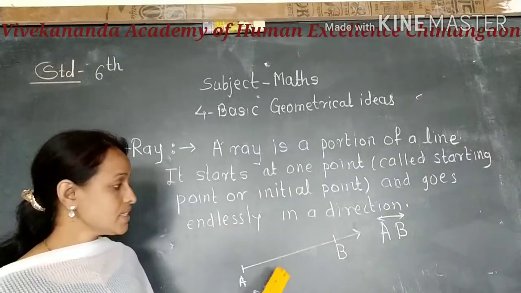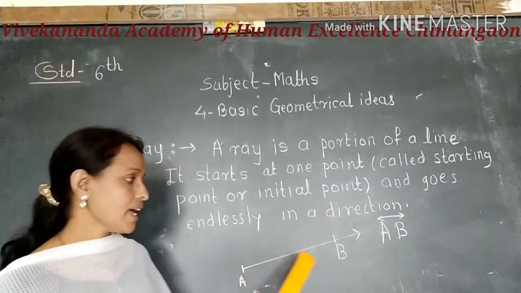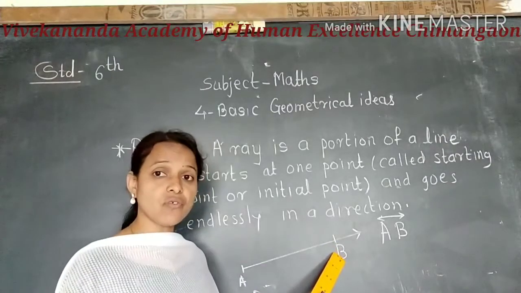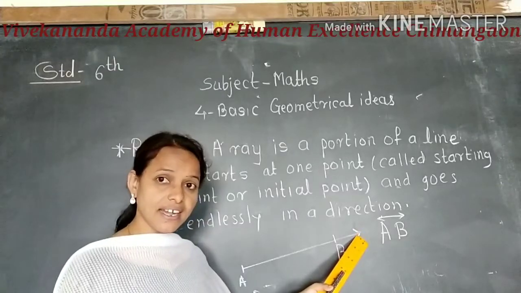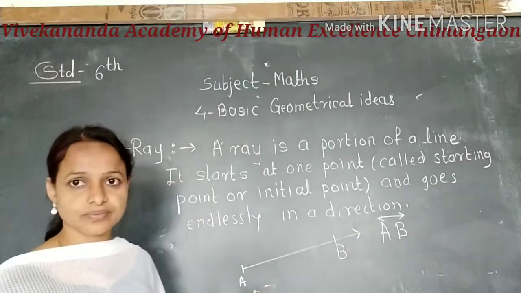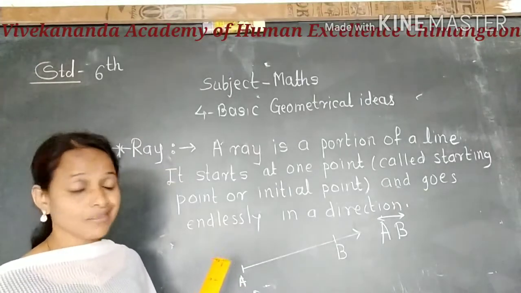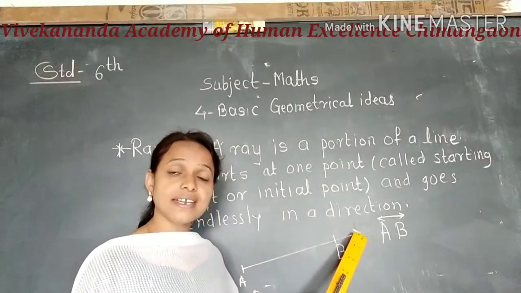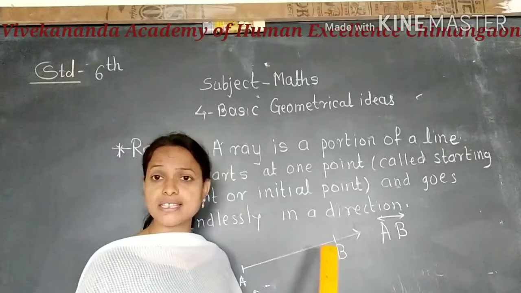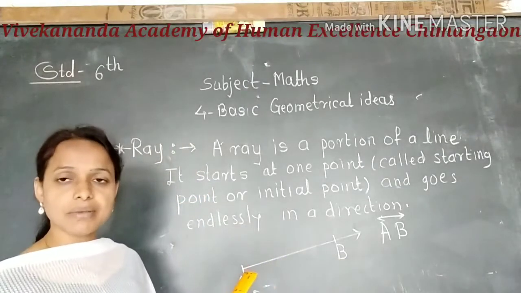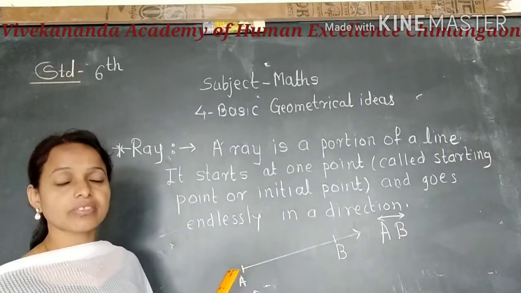That's why we say that a ray is a portion of a line, because it can be extended endlessly in one direction. It has a starting point but it has no end point.